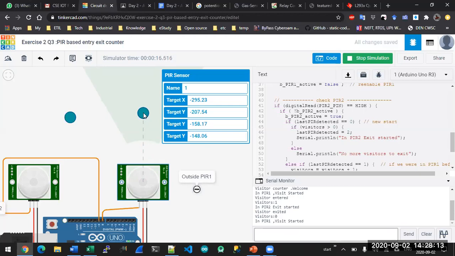So maybe he is doing some work at the door, moving here and there along the first sensor or the door, so no action will be taken here. Then when he crosses the other sensor, only then will the visitor count be increased.